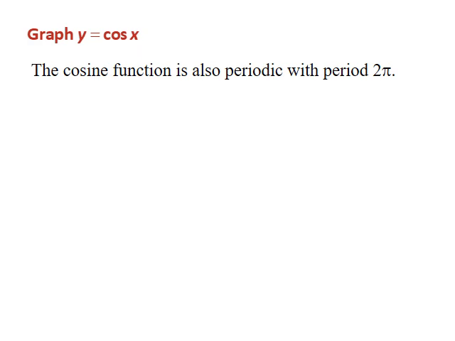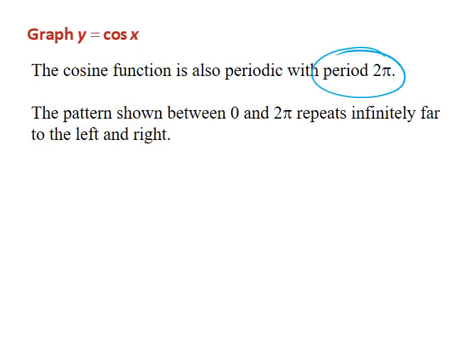Similar to the sine function, there is a period of 2 pi for cosine, which means that an entire cycle will occur between 0 and 2 pi, but once again, the cosine graph does extend forever to the right and forever to the left.